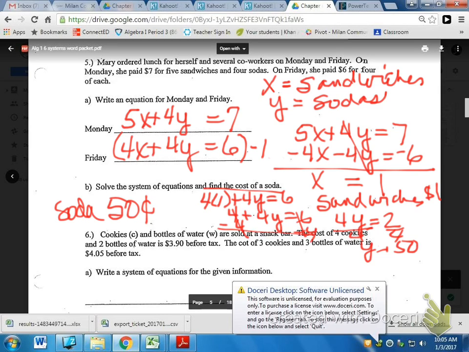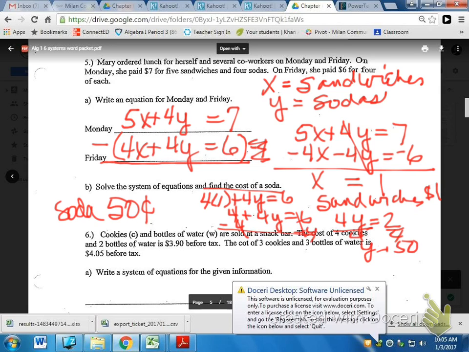Questions about that? Yep, question. Could you skip all the elimination by just noticing that the answers of the 7 and 6 are 1 point apart, and then 5 and 4 are 1 point apart? Yes, in fact, part of the elimination lesson was you could just start right here with these two and do a subtraction.